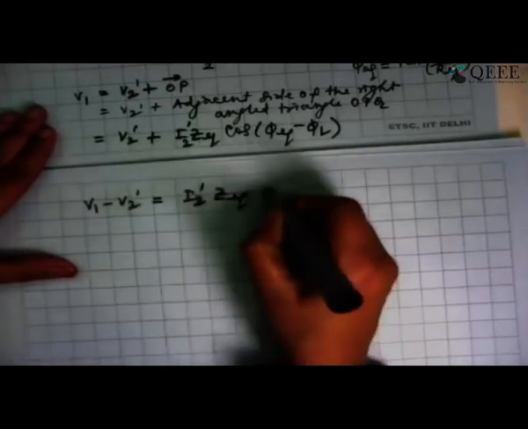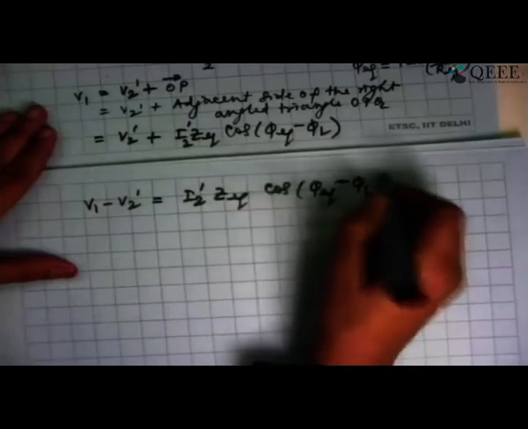So from the phasor diagram, I can write roughly the expression for V1 minus V2' as I2' Z equivalent cos of phi equivalent minus phi L.